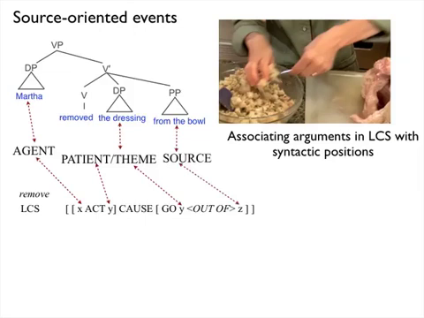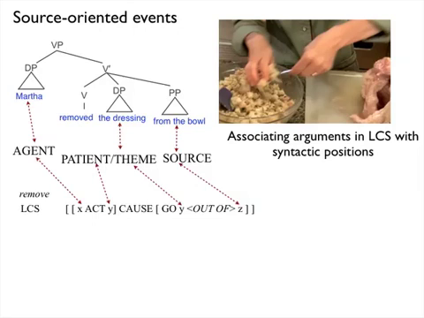And then the source would be typically, so the argument of out of will be the source, and it will be typically marked with a preposition like from. From would be the default, or you can use out of just as well, right? Or away from.